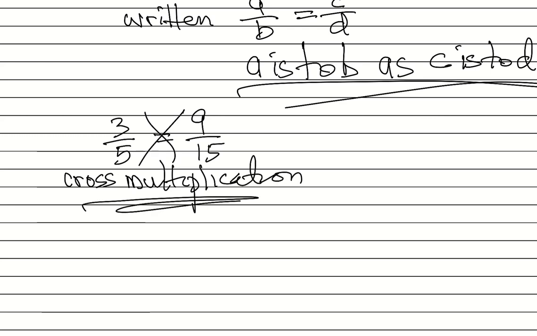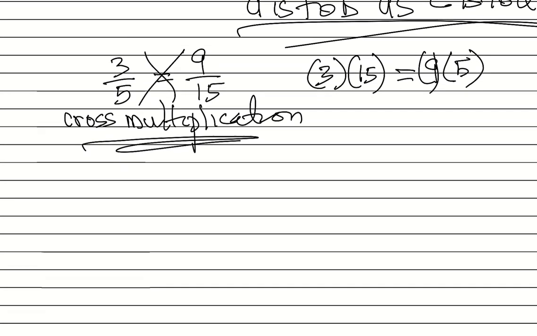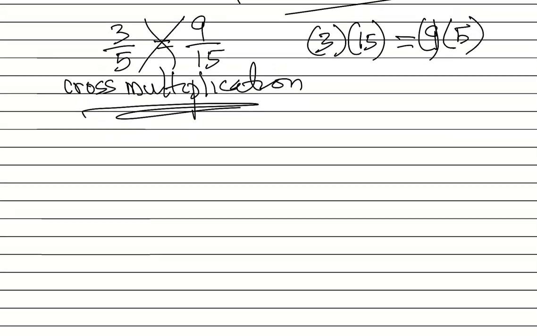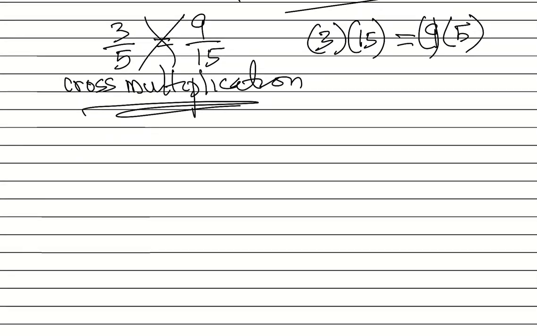If you cross multiply, that means you take 3, you multiply the denominator of the other fraction right there. It equals 9 times 5. That's all. You cross multiply, you get that, right? So that's what that means. It's nothing to be scared of. Very simple stuff. You've probably seen that a lot somewhere. Okay.